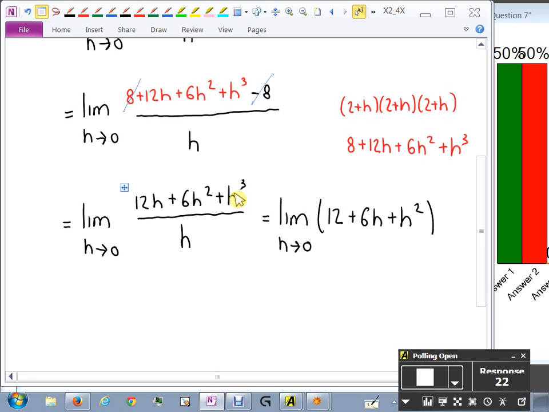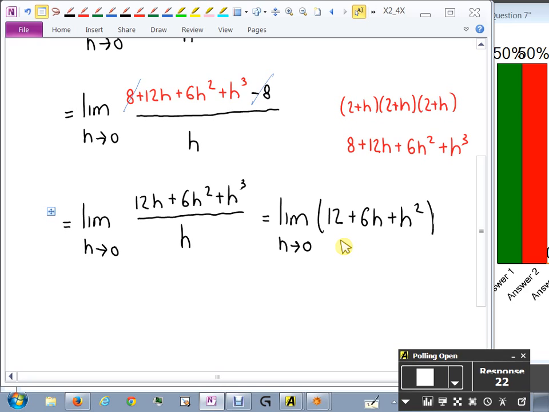So I pulled an h out of the top, out of every term, and cancel it with the h on the bottom. Also notice I've carried this notation down with me the whole time. Limit h goes to 0. Limit h goes to 0. I'm carrying it with me because have I let h go to 0? Not yet. It can go away only when you let h go to 0.